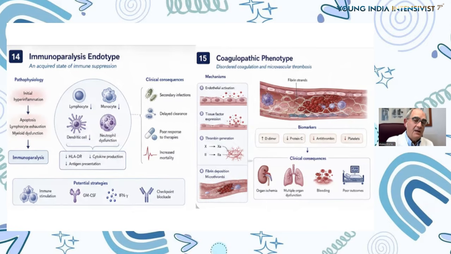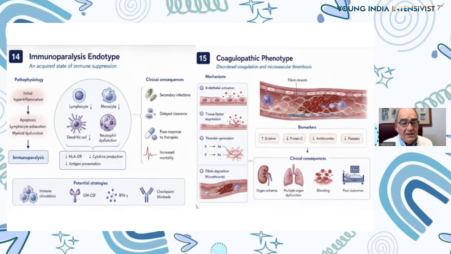And as I specified in one of my previous slides, we have also the presence of apoptosis and exhaustion of the leukocytes and myeloid dysfunction that causes an immunoparalysis.